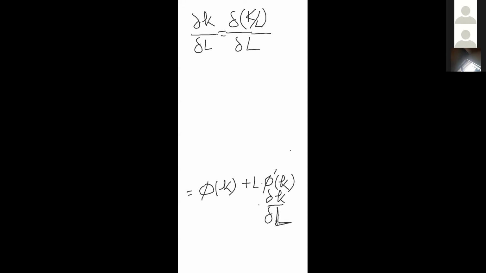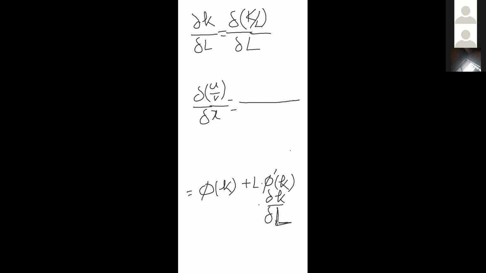If we differentiate it with respect to L, then we have to use this formula, del U divided by V, divided by del X. Here K means U, L means V, and we are differentiating with respect to L, but here we will differentiate with respect to X. Clear? Yes, ma'am.